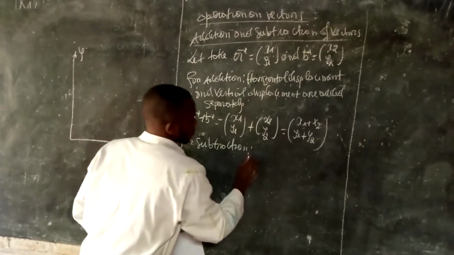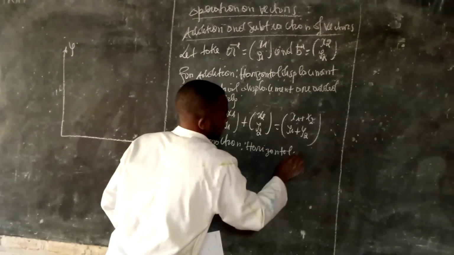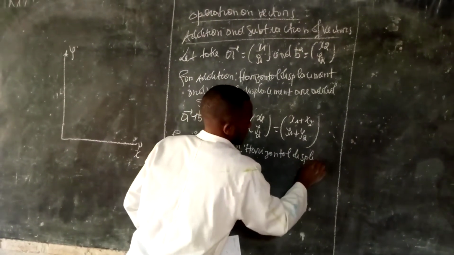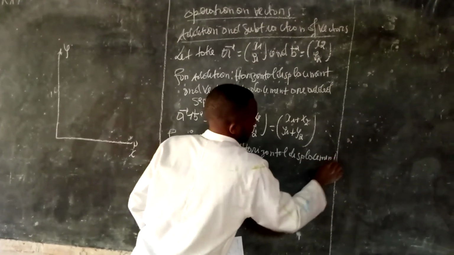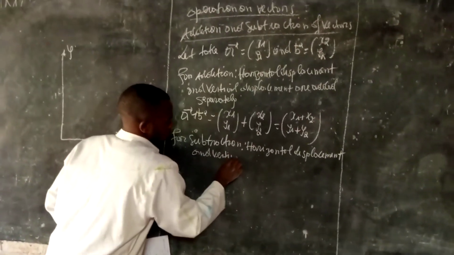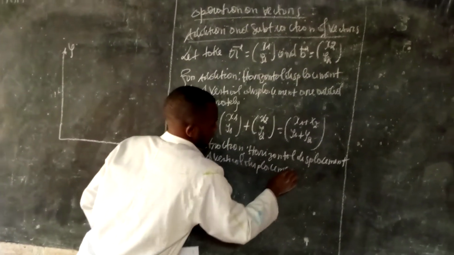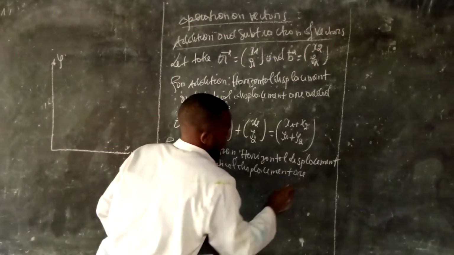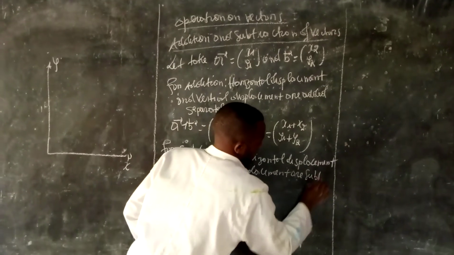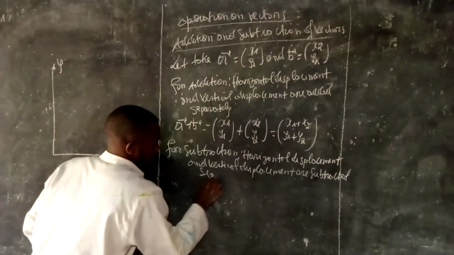Now for subtraction, the horizontal displacements and the vertical displacements are subtracted separately.